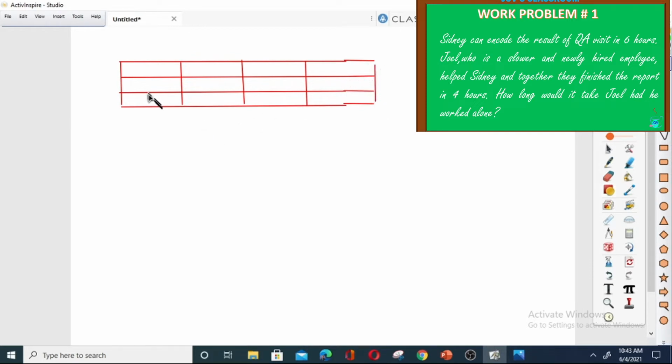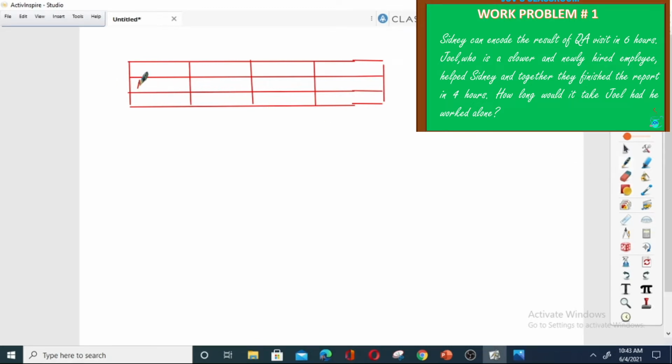All right, so for the work problem, there are 2 persons involved. We need to write the name. The first person is Sydney. The second person is Joel.